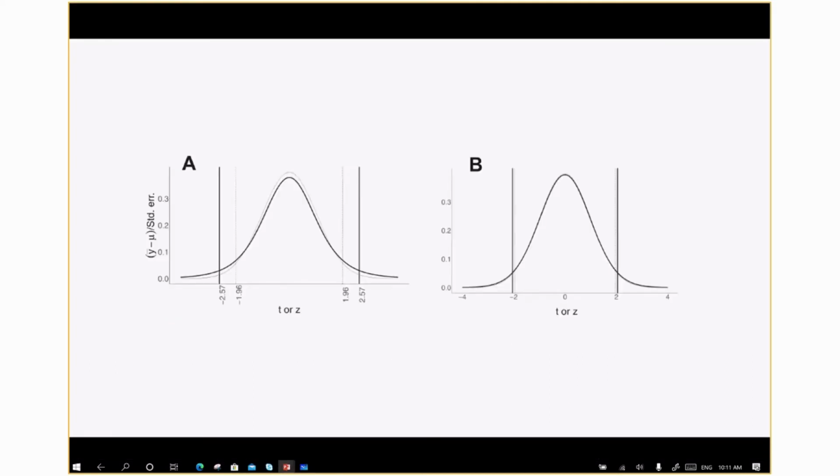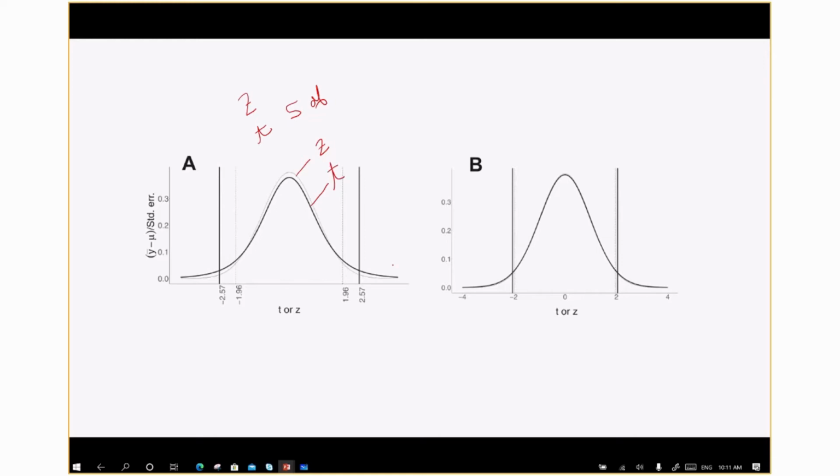So here we've got comparisons of the t-distribution with the z-distribution. And in the first instance, we've got a z-distribution in A, and we've got a t-distribution with 5 degrees of freedom. And we can see here's our z-distribution is pale, and our t-distribution is in solid.